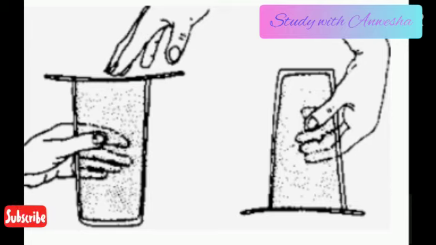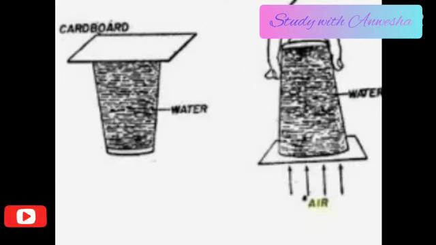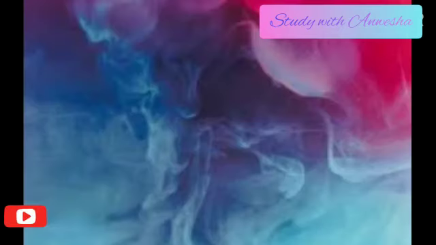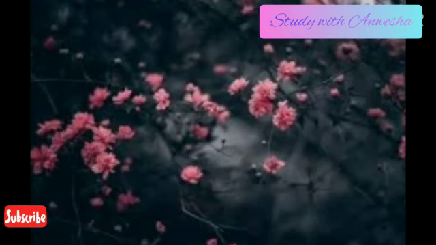How to do it? Fill the plastic cup with water. Place the index card on the top of the cup. Hold the index card tightly against the mouth of the plastic cup and turn the cup upside down.